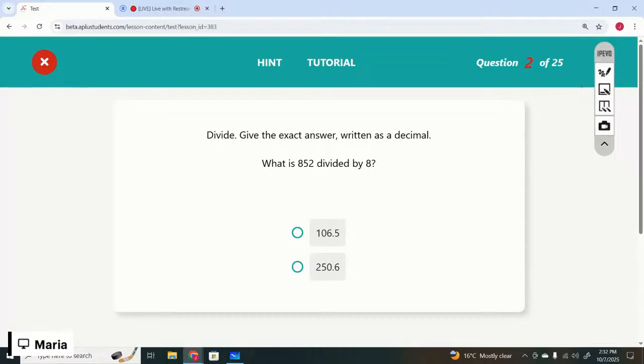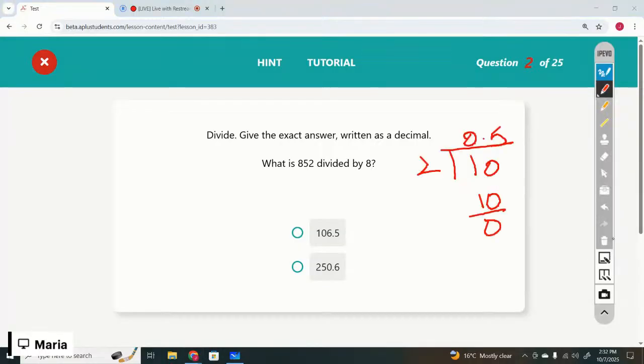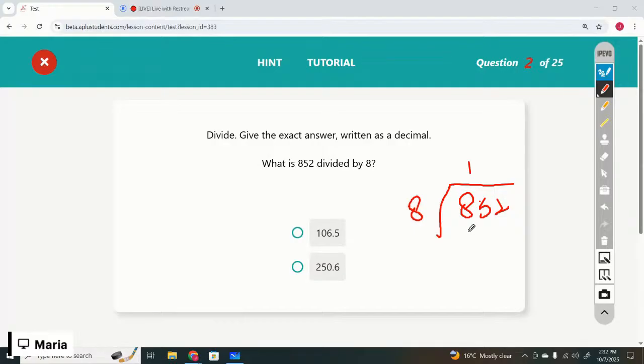852 divided by 8. So we can go for 8 times 1 is 8. 8 minus 8 is 0. Now bring the next digit down, that is 5. You cannot divide 5 by 8 because 5 is smaller than 8. Add another 0 and bring the next digit down. So now we can go for 8 times 6 is 48.